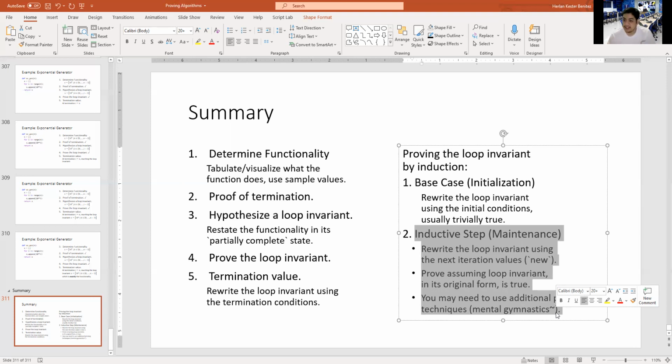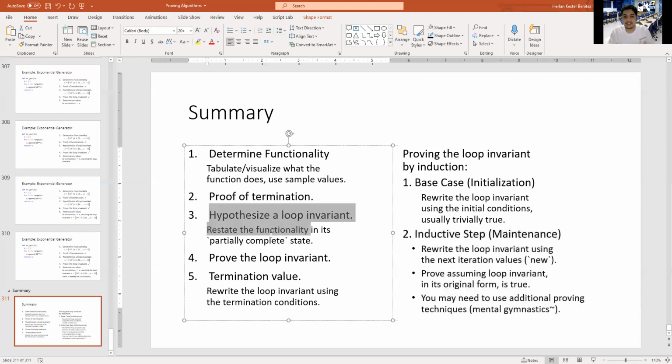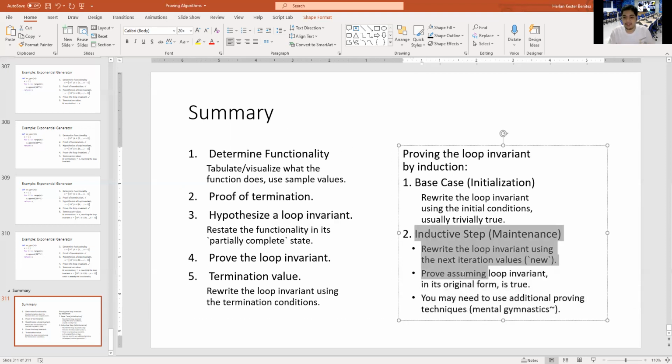So, what I suggest is, if absolutely sure kayo na wala kayong ginawang mali sa proof nyo, maybe mali nga yung loop invariant nyo. And kailangan nyo mag-reformulate. And if you're stuck naman, hindi mo alam kung mali ka sa loop invariant, kaya hindi mo siya ma-prove or hindi mo lang alam paano i-prove pero tama yung loop invariant mo.